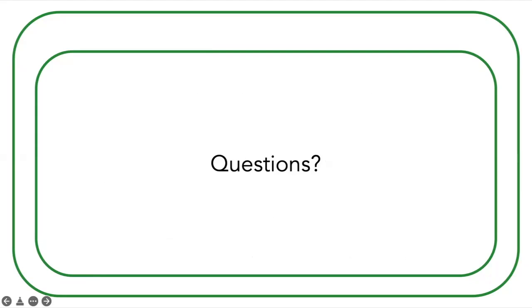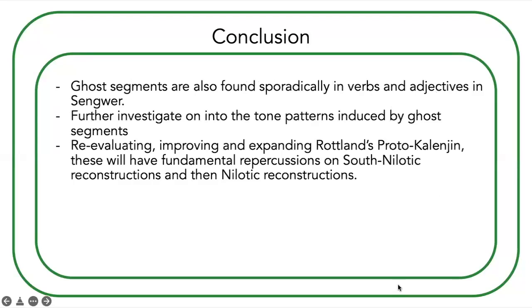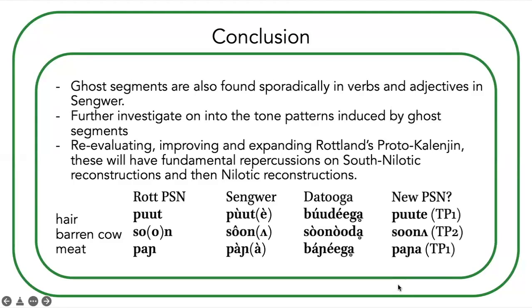I would call it non-specific in Datoga, but in most of these, that would be the diagnostic form in Datoga to identify these ghost segments, which are vowels in Datoga only. I was trying to check the Datoga slot, which gives Bodega, Sonoda, and Baniega, which are the definite forms or the specific forms.